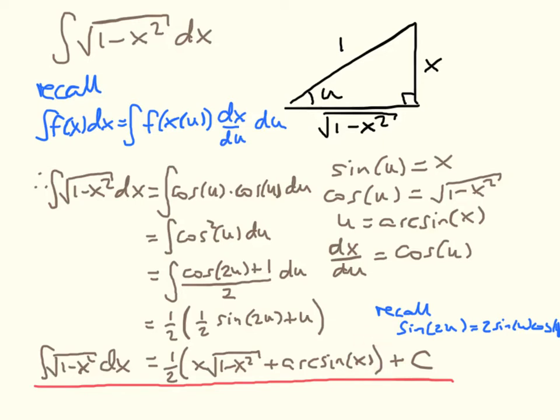And it is possible to check this by differentiating this side with respect to x and seeing that, as expected, you obtain the square root of 1 minus x squared, the original integrand, and that shows that our integral is correct.